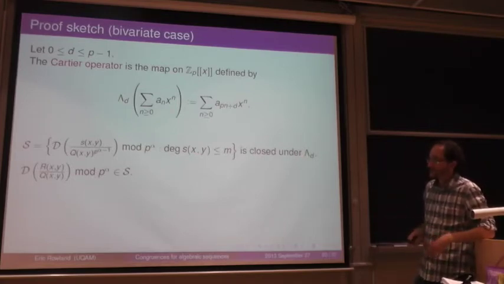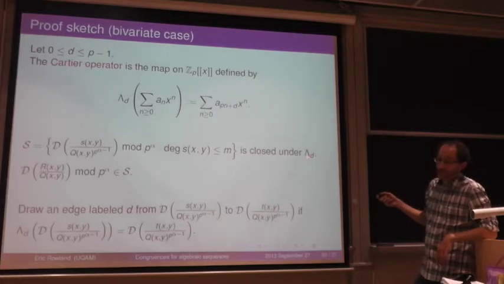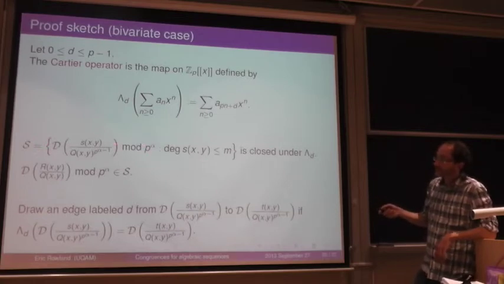And so what you end up doing is you have p different Cartier operators, one for each digit. And so what's going to happen is we just let each of these diagonals be a state in the finite automaton.